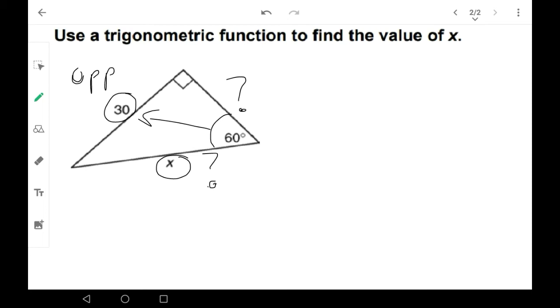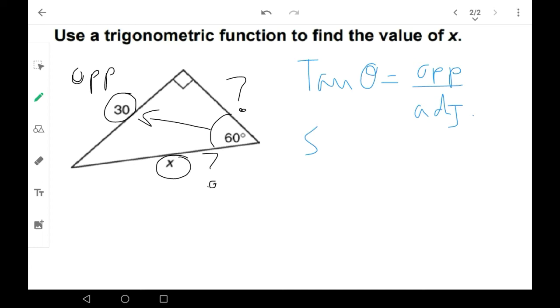We know that the opposite over adjacent is what? Let's see. Tangent of an angle is opposite over adjacent, right? So what else?